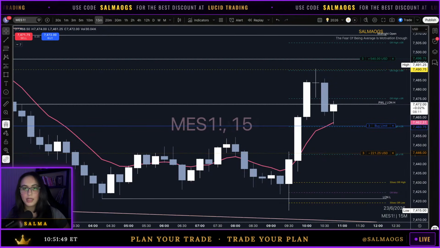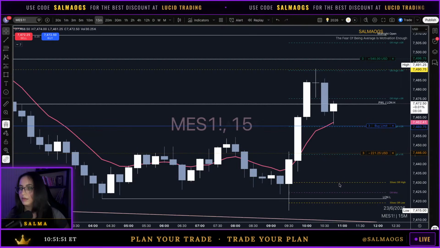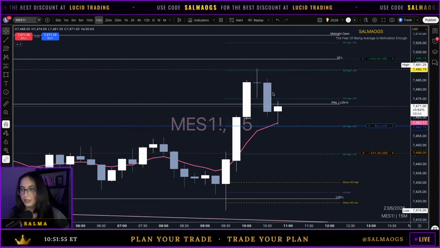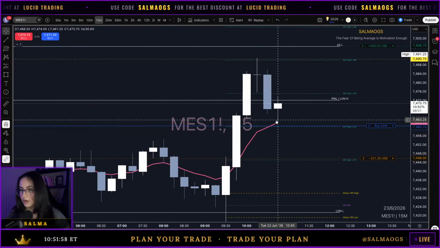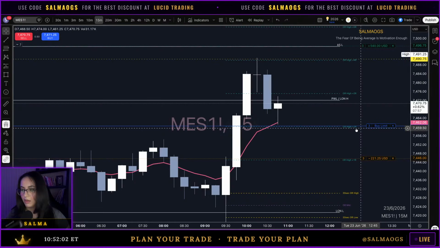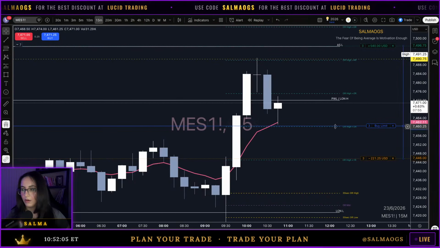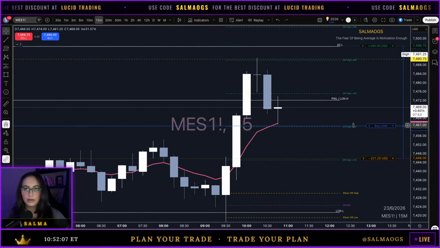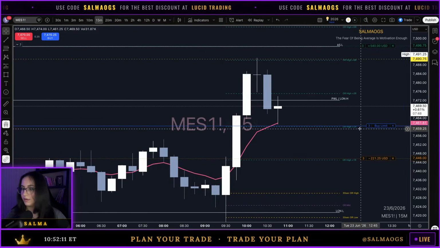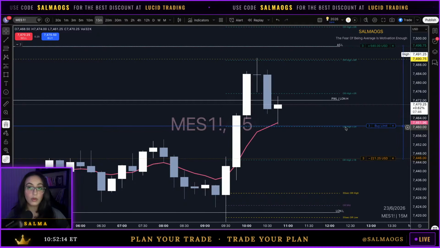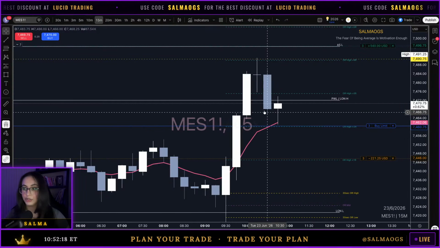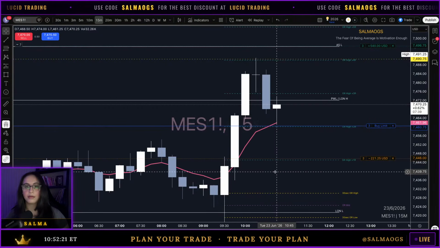What is the pink line? That's my 9 EMA. So the reason why I was taking the trade is because it coincided with my 15-minute 9 EMA, along with my second OR rotation to the upside. This was our make or break level here. If buyers defend, then we will go higher, and if bulls fail to defend, then sellers will just run us right back down.